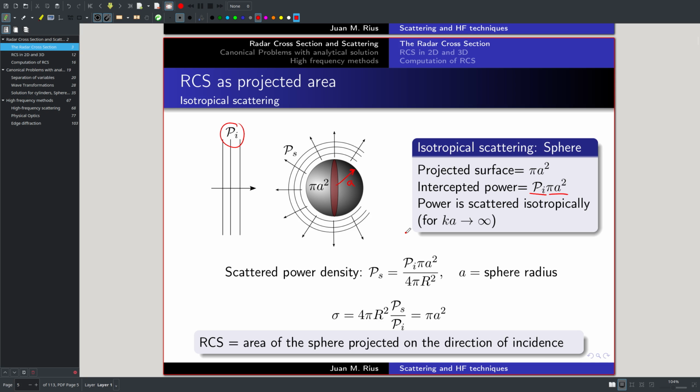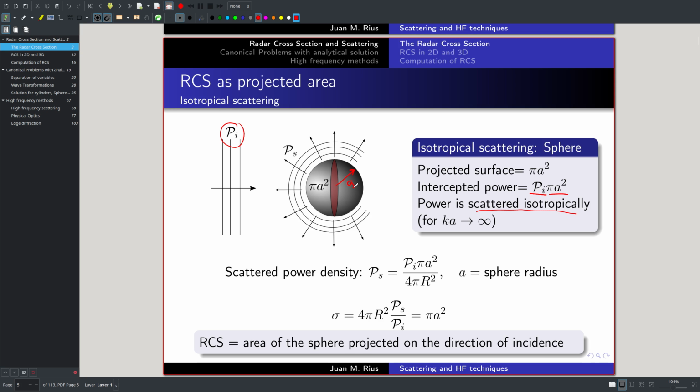So here we assume that power is scattered isotropically, but this is not the definition of the radar cross-section, because we have isotropical scattering in the definition of radar cross-section. No, this is not the definition. This is what truly happens for a spherical scatterer. Okay, it is really almost isotropical scattering.